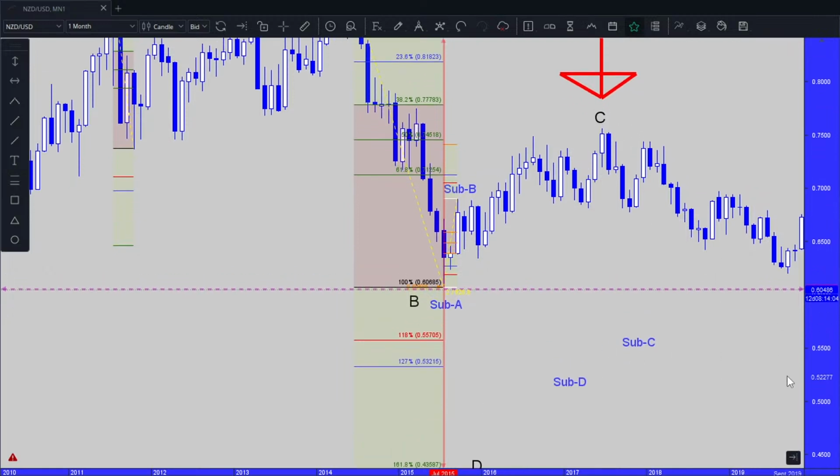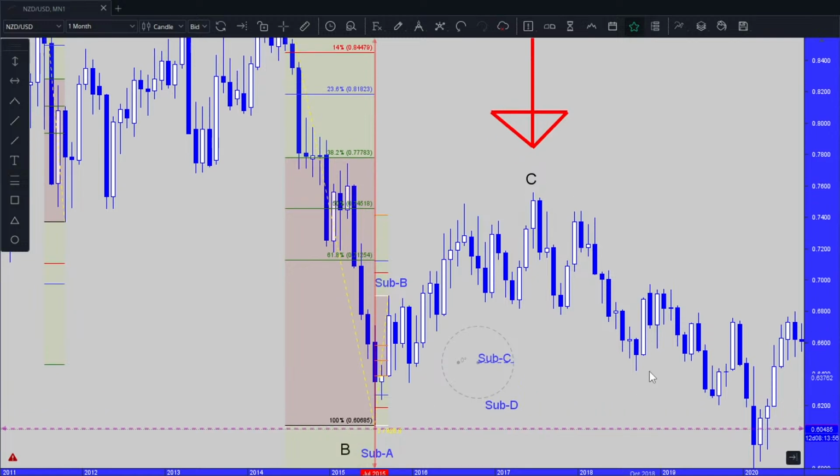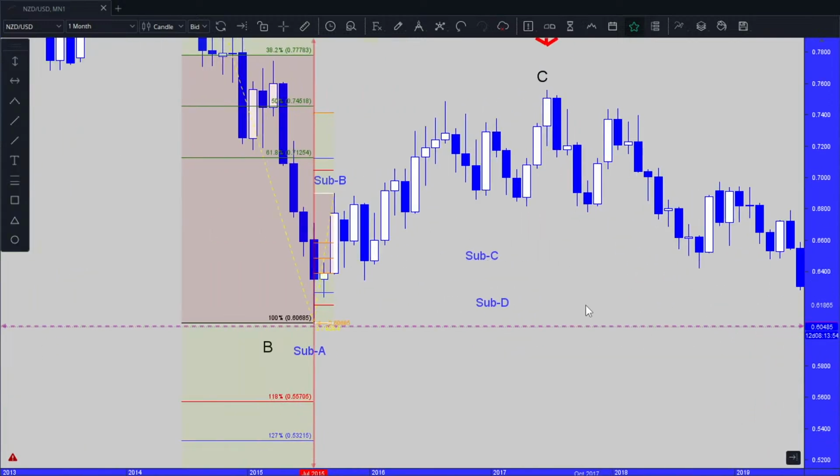So now I have a separation line, and what I'm interested in is what is happening from the vertical line on the right. I have my sub A, I have my sub B, this is my sub C.